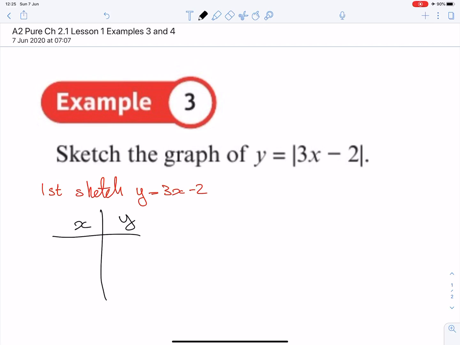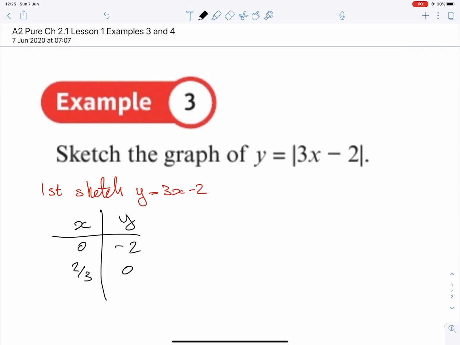We could take x as 0 and we get y as minus 2. And if we take another value, y is 0, then x equals 2/3. Add the 2 across, divide by 3. So you've got 2 points, and as soon as you've got 2 points, you can draw a straight line graph.